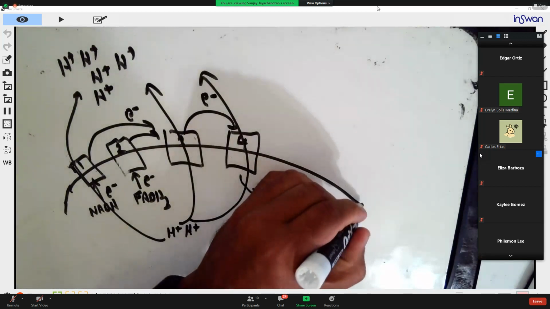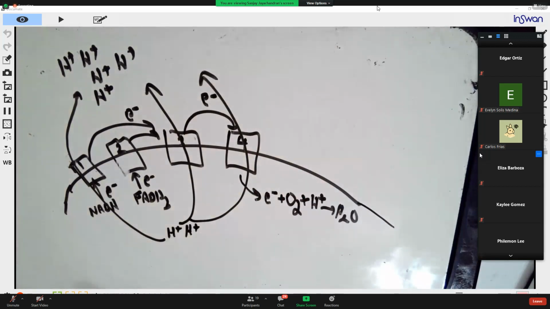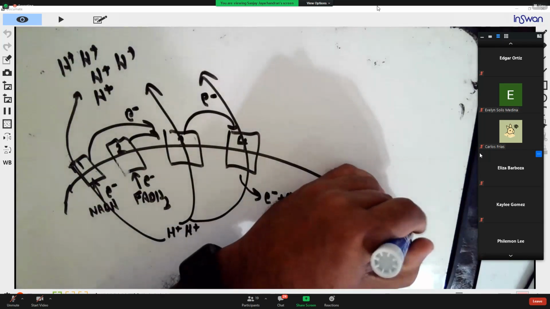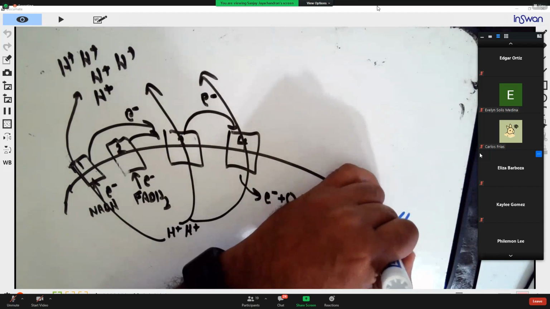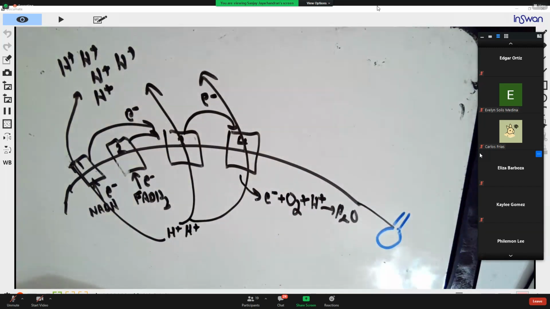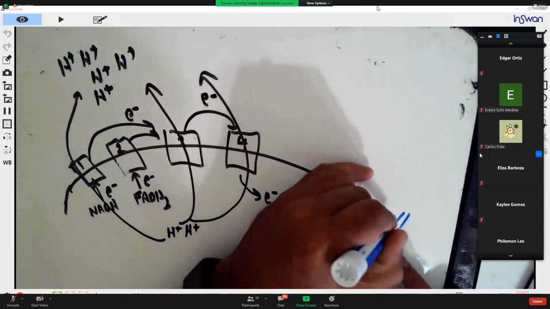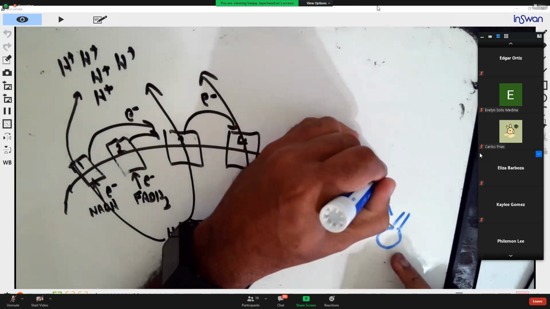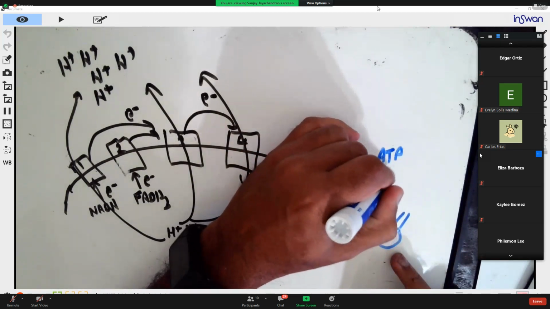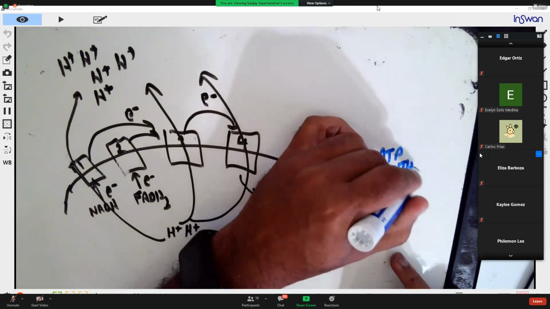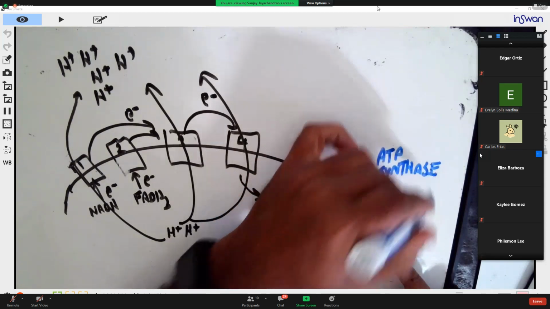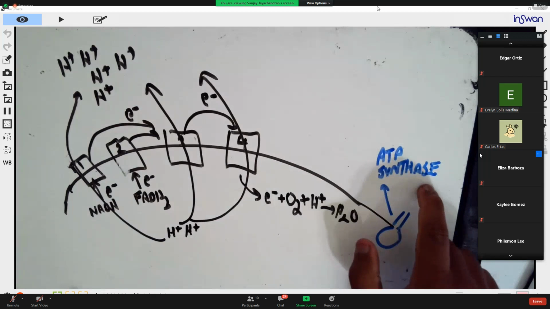Yes. Okay. So there's a fifth complex. This is actually another enzyme. This is called ATP synthase. Its job is to make ATP.